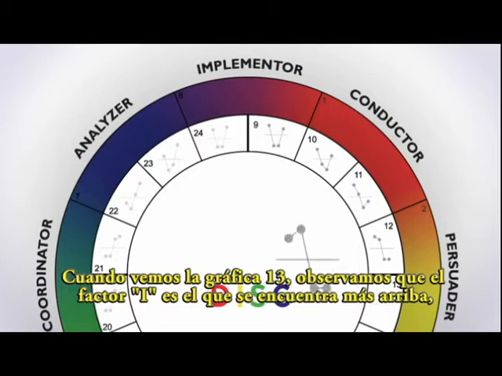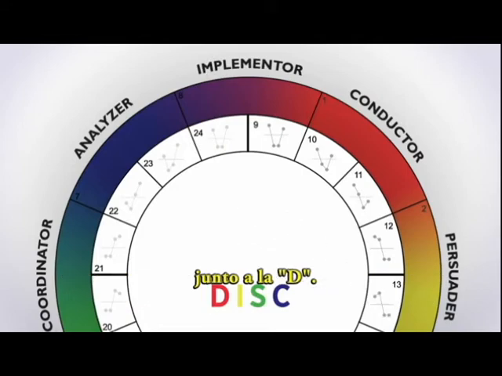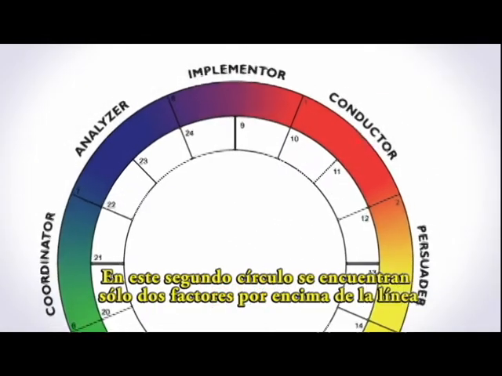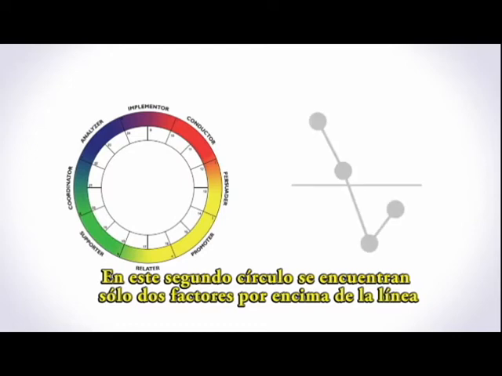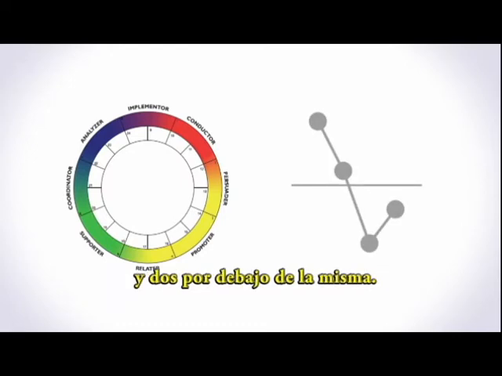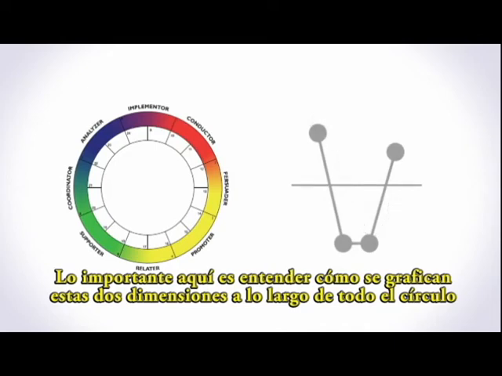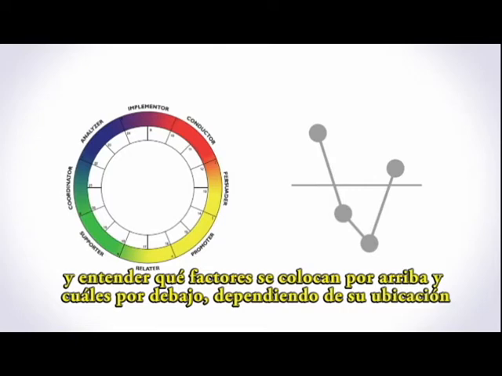And then when we get to 13, all of a sudden the I is highest with the D. On this complete ring, we only have 2 plot points above the midline and 2 plot points below the line. The key here is that we're dealing with those 2 dimensions, and as we go down and around the wheel, you will see certain plot points both rising or lowering.